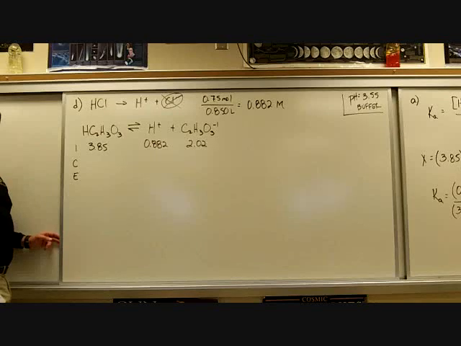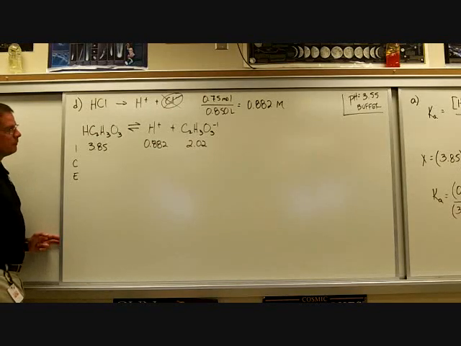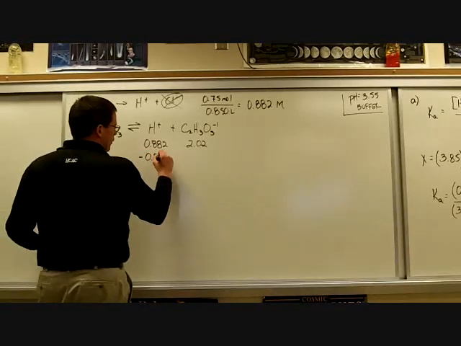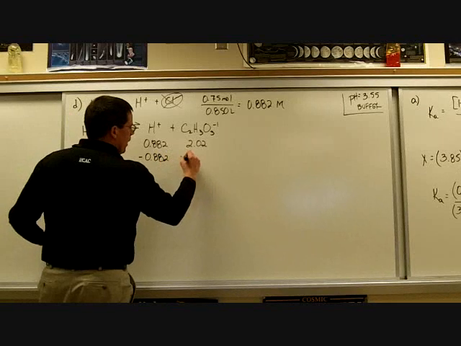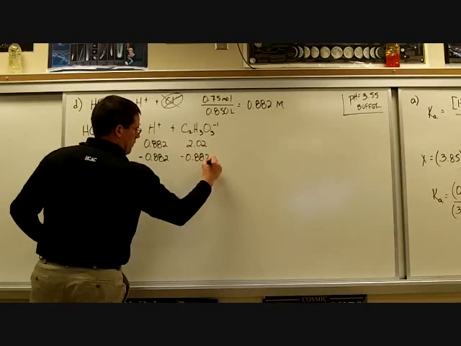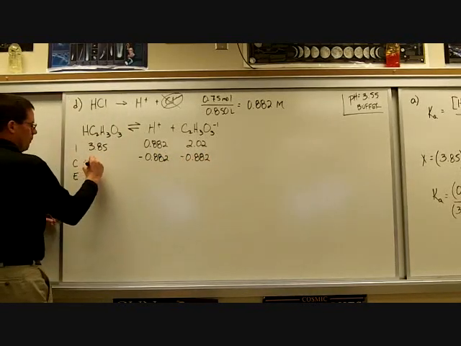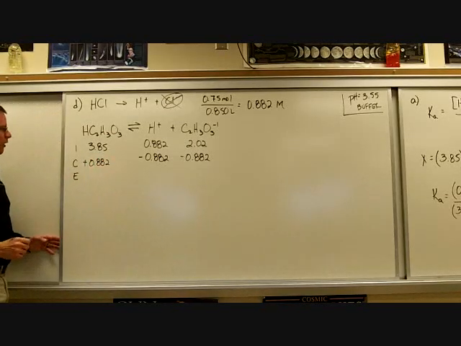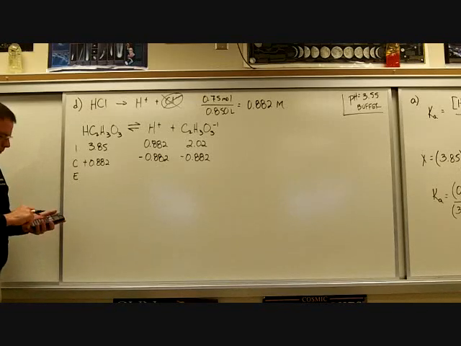So what is my value for X for this? 0.882, very good. So we'll subtract 0.882 on this side, and we will add it to the other side. And don't forget, if you subtract it on one side, you have to add it to the other side. We can't just lose it.